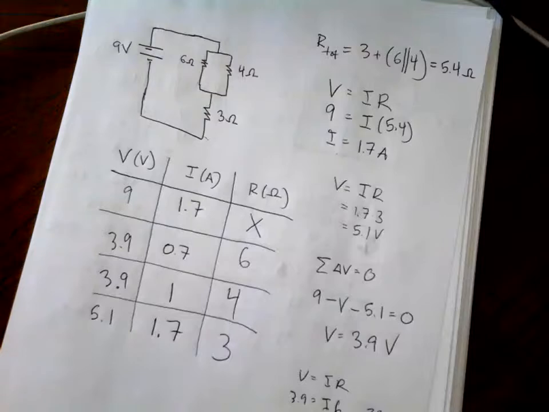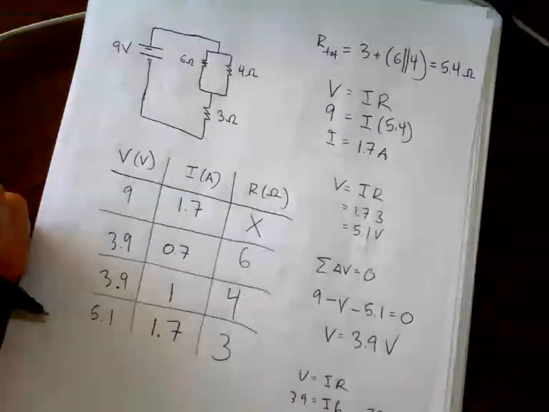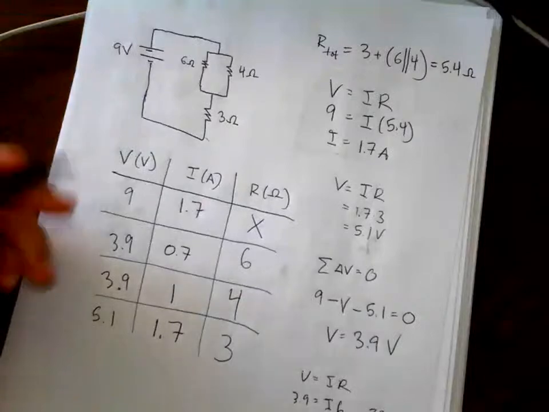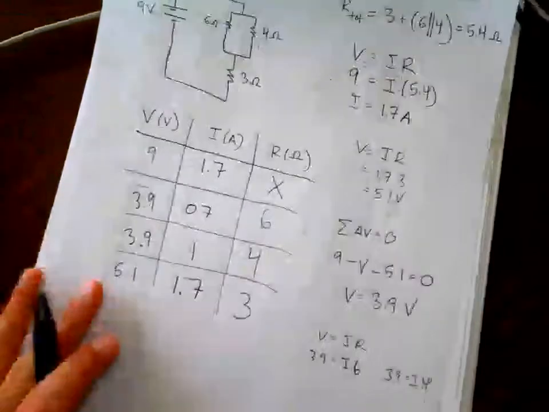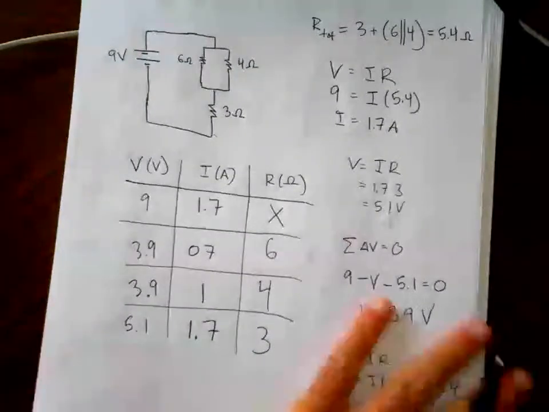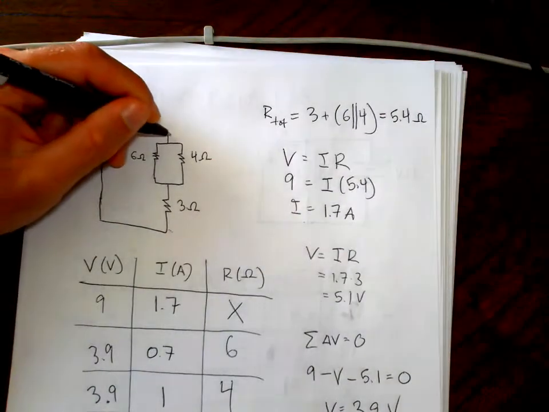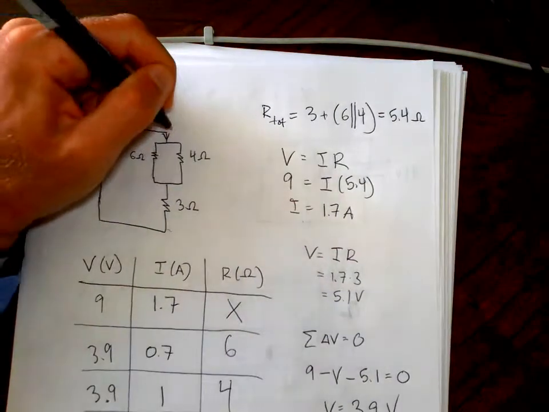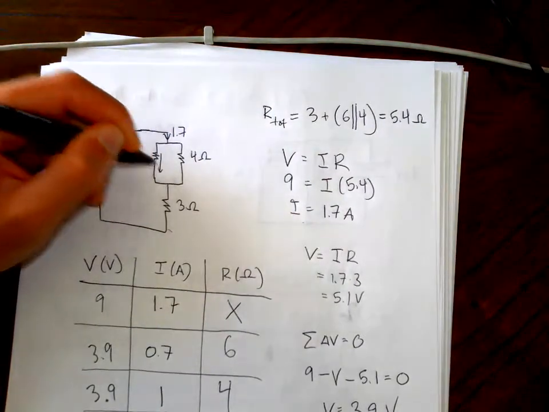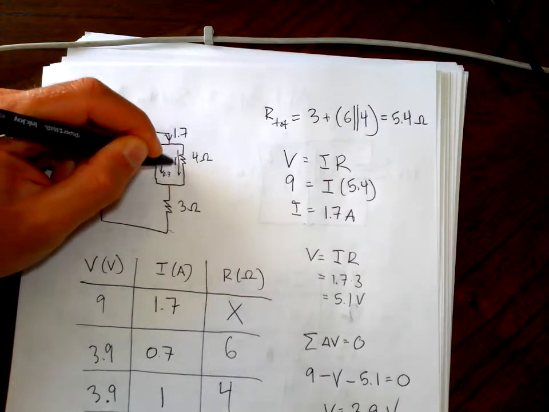Now, so I've completely filled out the table, so I've solved the problem. And then I can use Kirchhoff's laws to verify my answer. So for example, I know that 1.7 amps comes out of the battery, and I know that the 6 ohm resistor gets 0.7 amps, and I know that the 4 ohm resistor gets 1 amp.